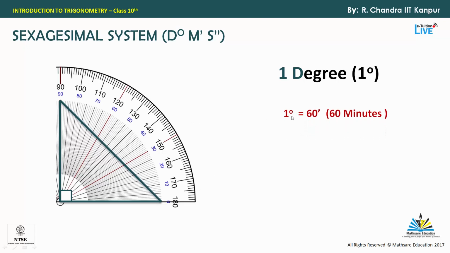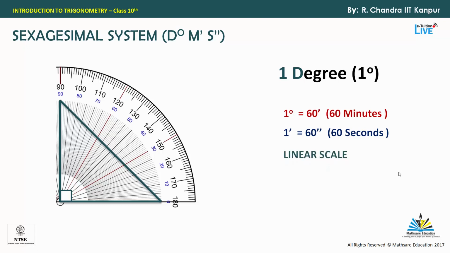Further, they divided 1 degree into 60 equal parts and called them minutes. Here you can see we have 60 minutes in 1 degree, and again they further subdivided the minute into seconds, and 1 minute is equal to 60 seconds. This is the symbol for minute and this is the symbol for second, and these were used as a linear scale.